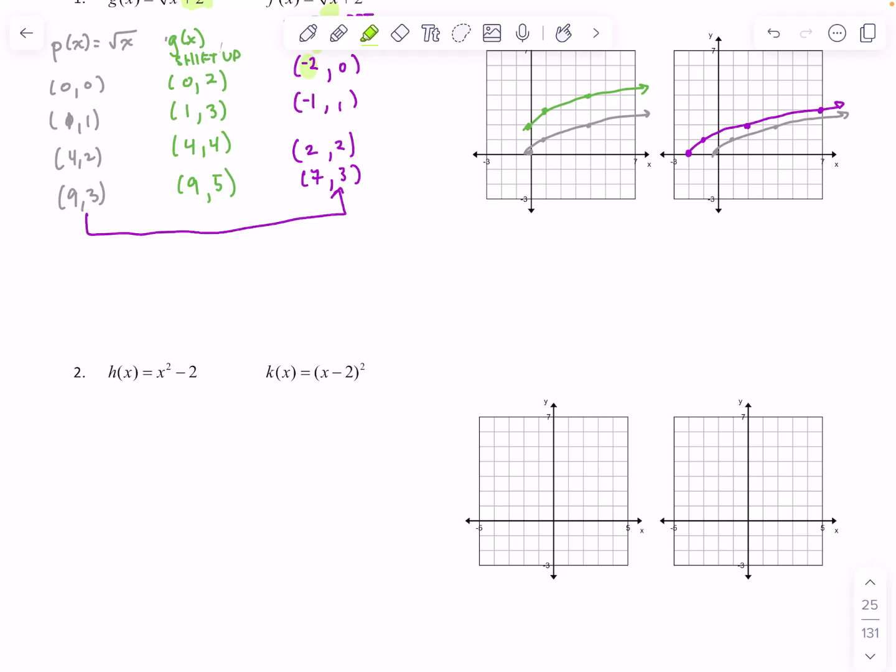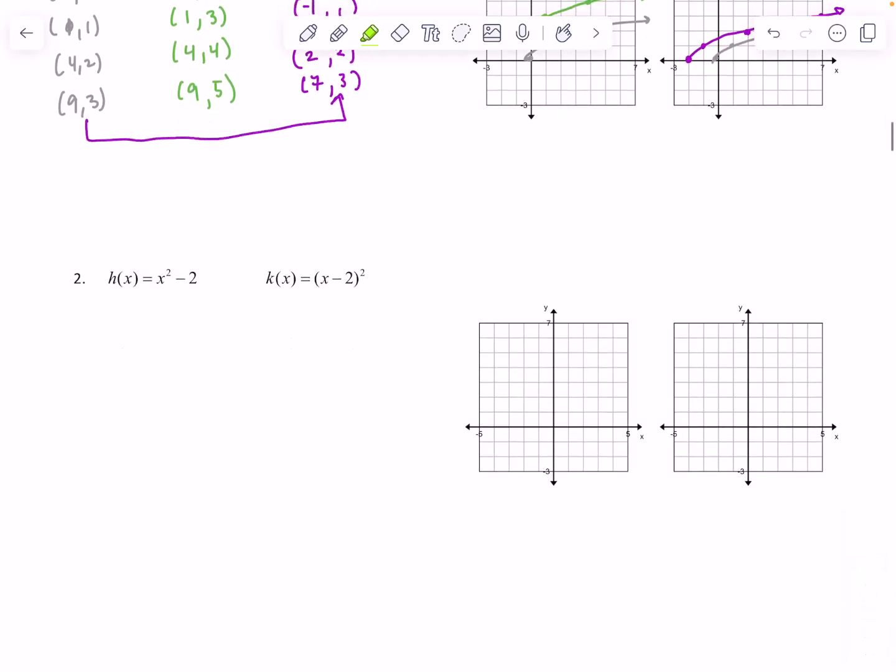All right, here we're going to see the same idea with a slightly different parent function. So this time we're going to let p of x be x squared. This is our quadratic parent function. And I know that because I see x squared here and x squared and a square there, which tells me that this must be my parent function.